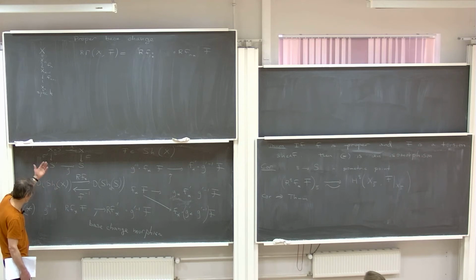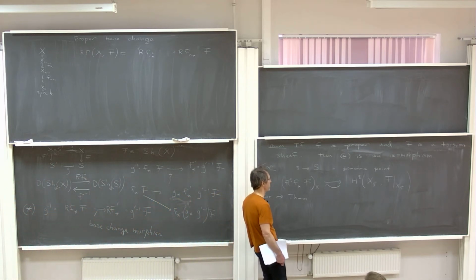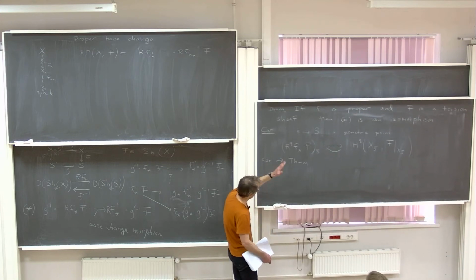A morphism of sheaves, or even of complexes of sheaves, is a quasi-isomorphism if and only if it's an isomorphism on stalks at every geometric point of S prime. So this is key.